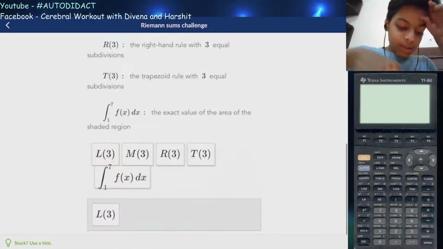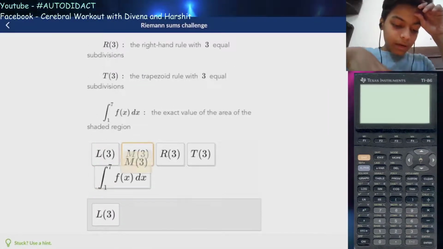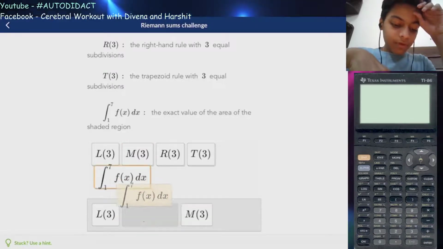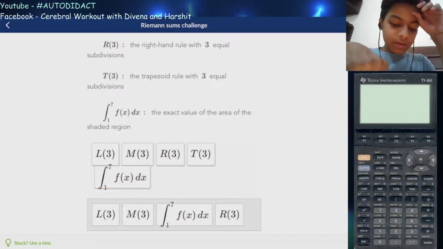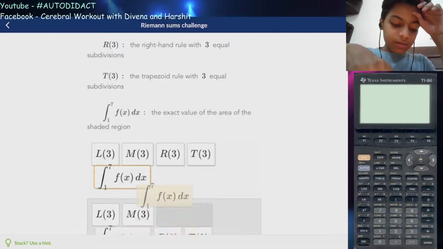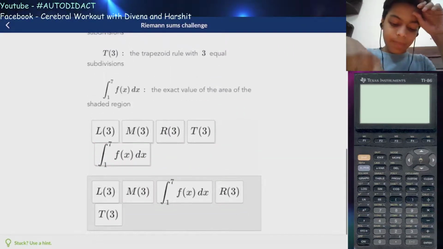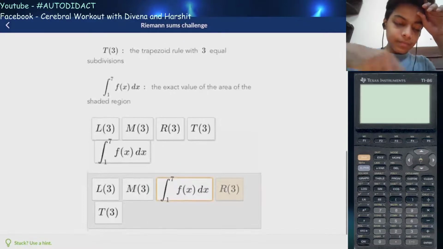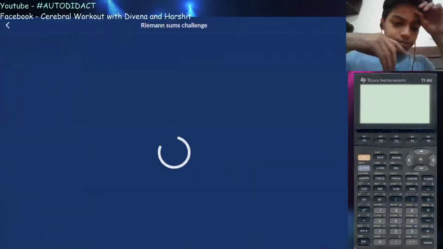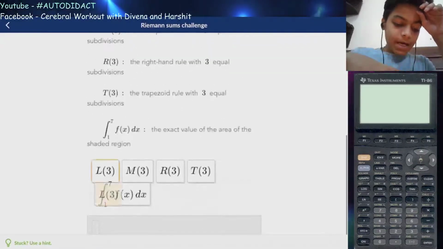Okay, so let's just do it again. L of 3 followed by M of 3, then trapezium, then R. R of 3 is the biggest, L is the smallest.